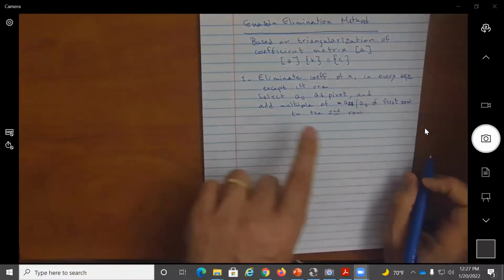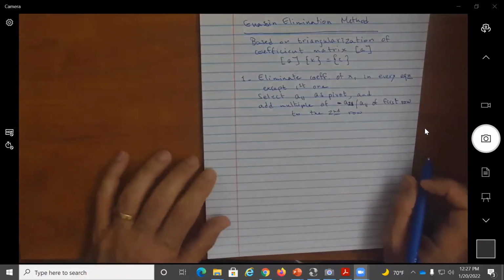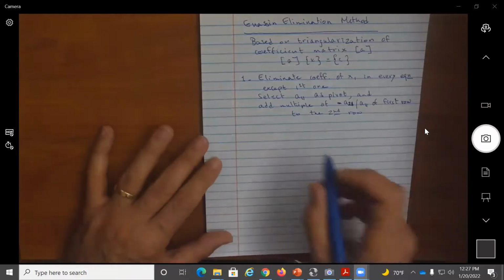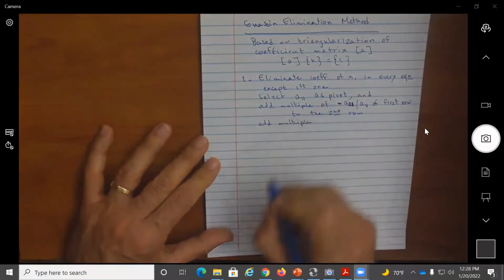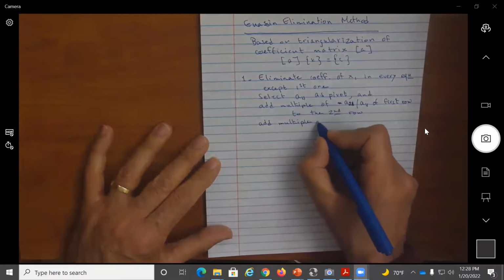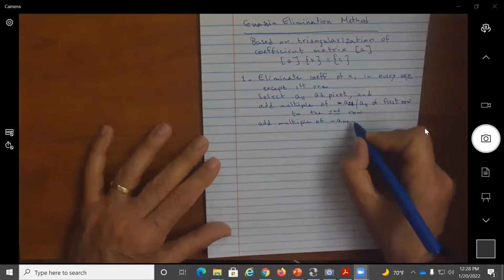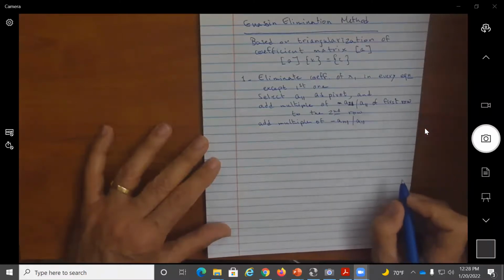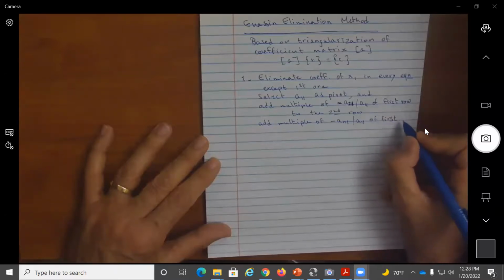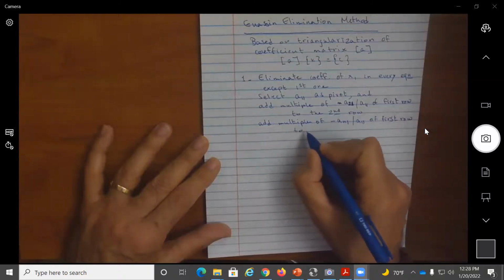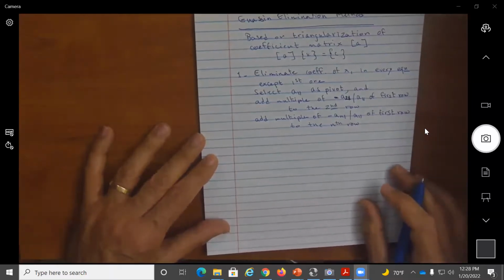In doing so, I will make the coefficient of x1 in the second row become 0. And then I will add the multiple of minus an1 divided by a11 of the first row to the nth row.